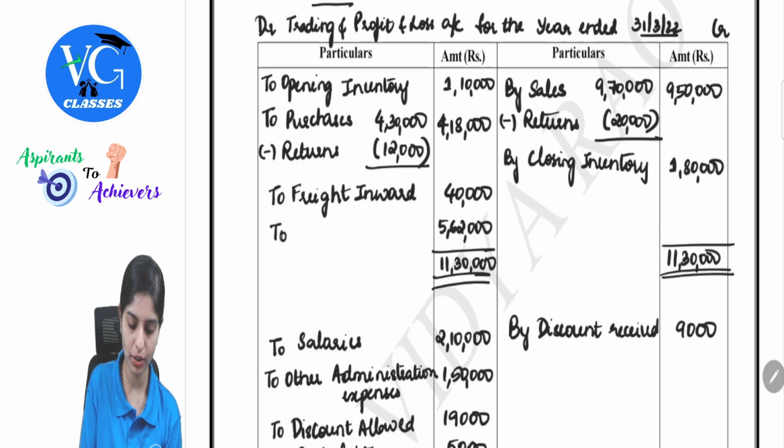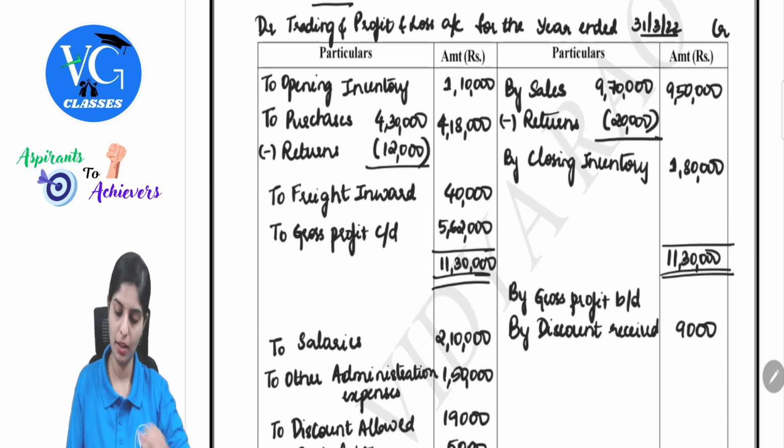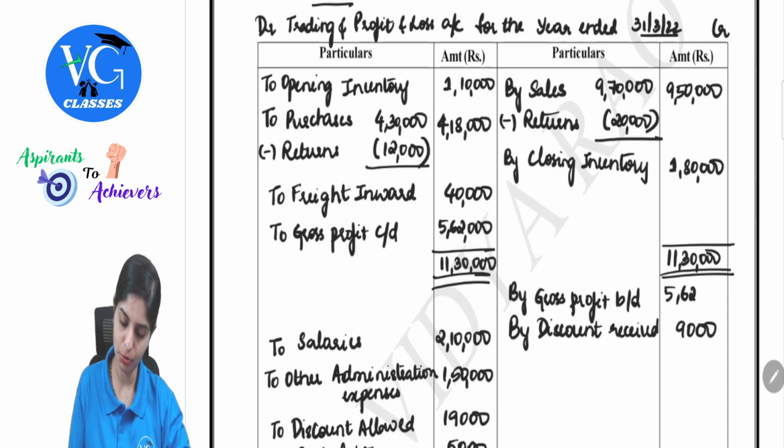This is your what? Gross profit. By gross profit carried down, 5 lakh 62,000.